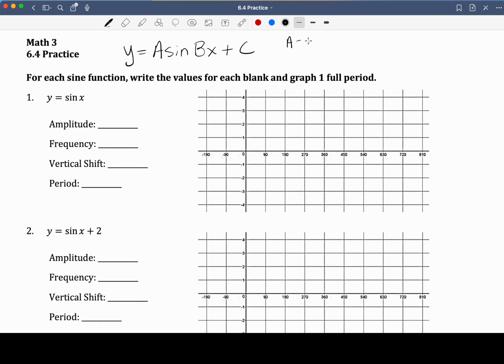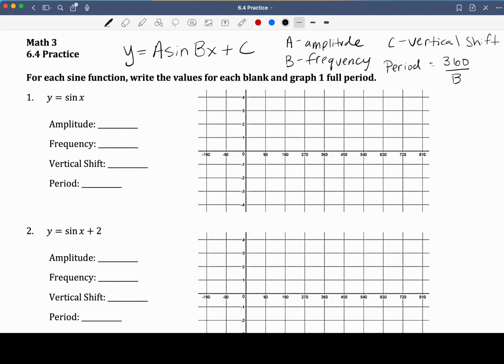So a is the amplitude, b in this case is our frequency, and c is our vertical shift. Now, the one other thing you see on here is our period.